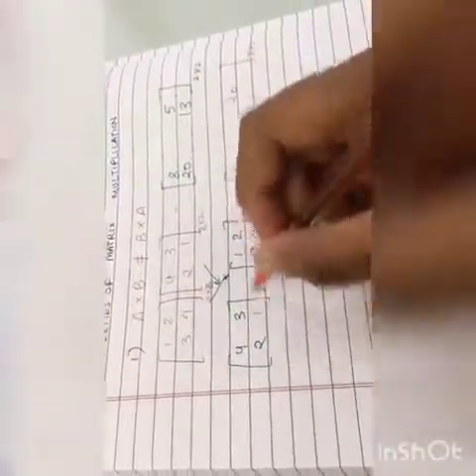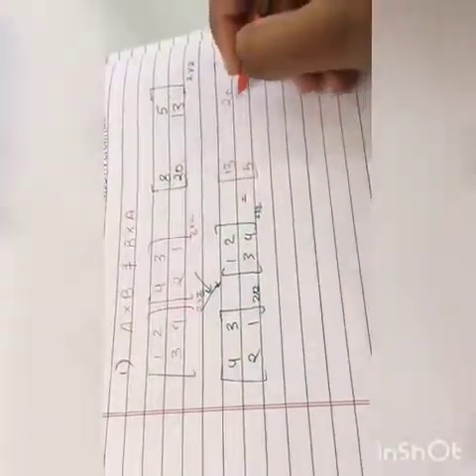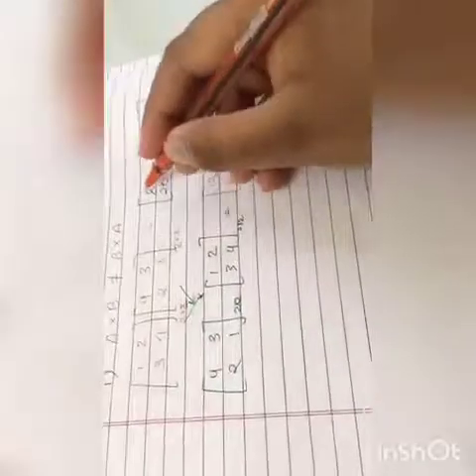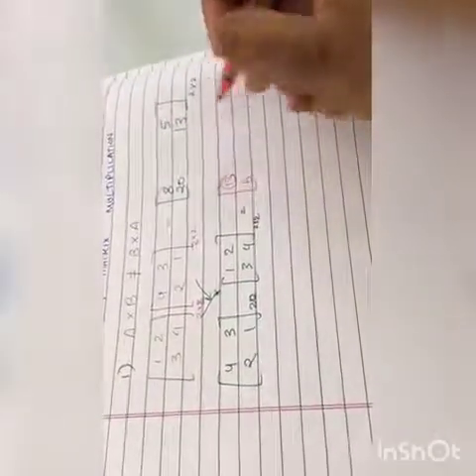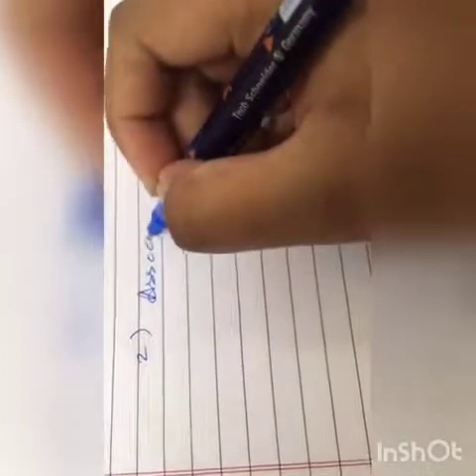And 2 into 2 plus 4 into 1, which will give us 8. Now clearly we can see that the corresponding elements of these two matrices are not equal, hence these two matrices are not equal.